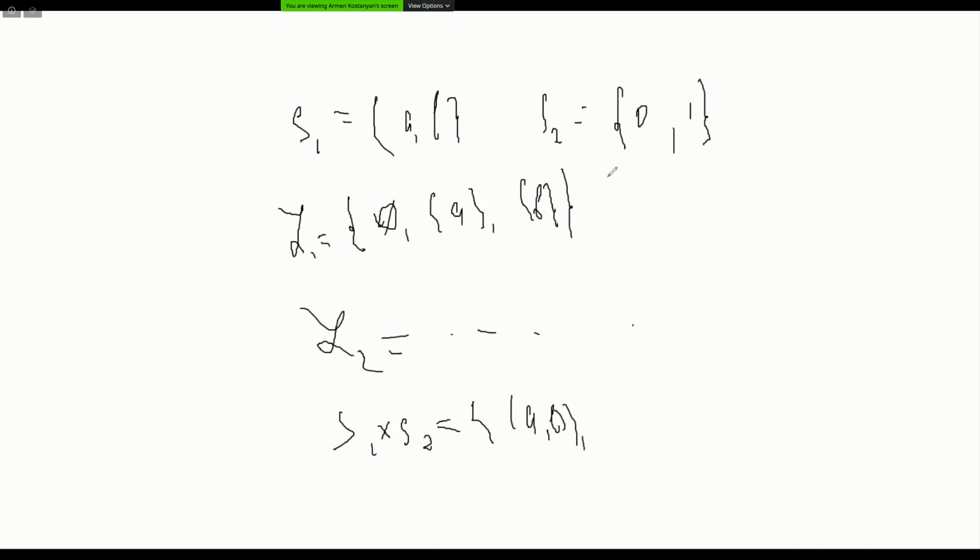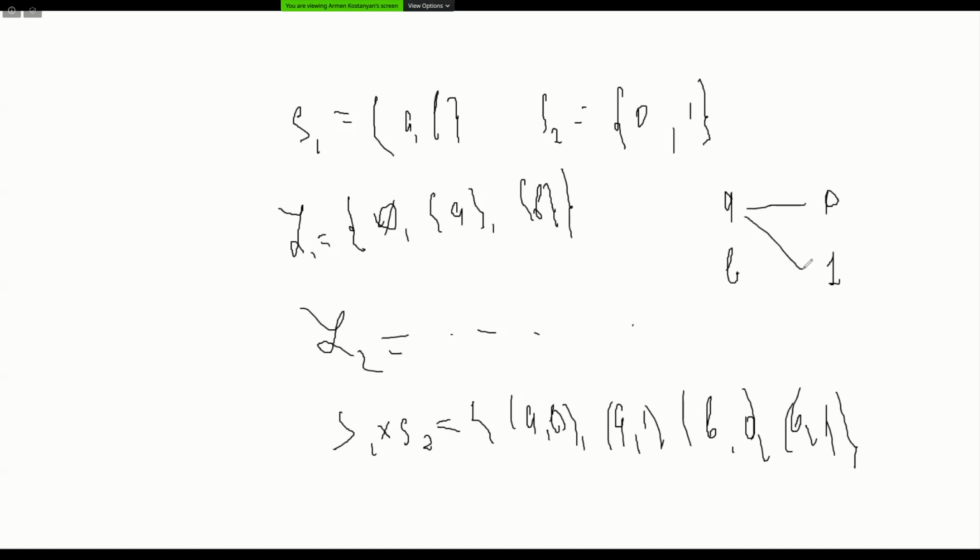Suppose A together with 0, A together with 1, B together with 0, and B together with 1. So this is the ground set, meaning that we take all combinations of elements from our sets. Let's include in the second subset system, for example, the empty set and just 0.